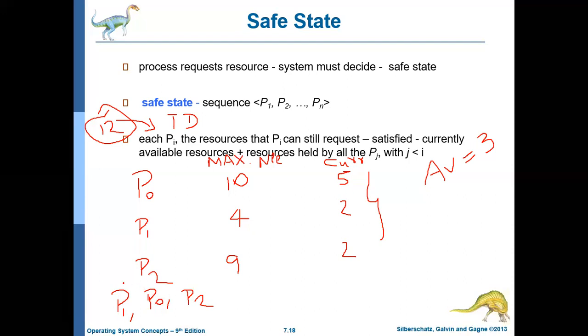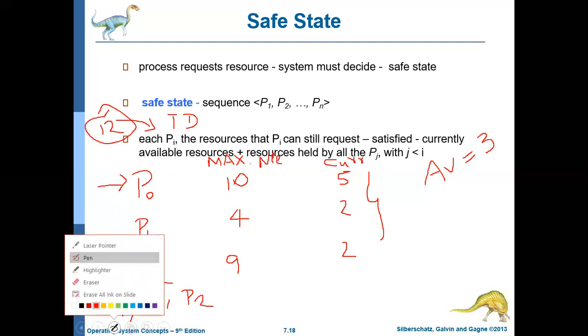First P1's requirement should be satisfied. P1 already got 2 tape drives, and it needs 2 more. P1 may not request the tape drive currently, and P0 may be requesting, but the operating system should not give it, because that may not be a safe sequence.